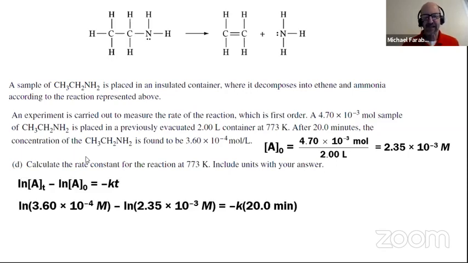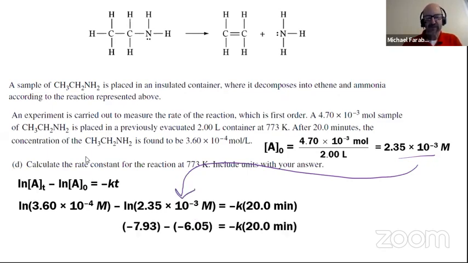Now I can plug in that particular number for my initial concentration into the first order integrated rate law equation. So I'm going to go ahead and take care of this math. I'm going to solve for k. Now the units are nothing. On the left side of the equation, there are no units when you take the natural log.